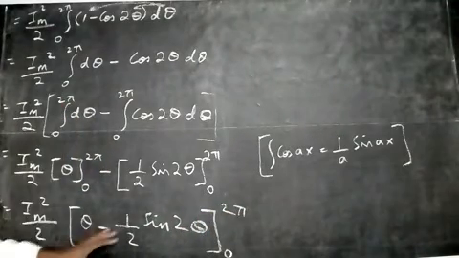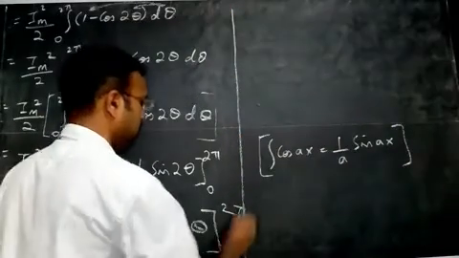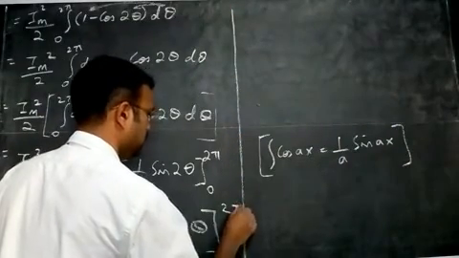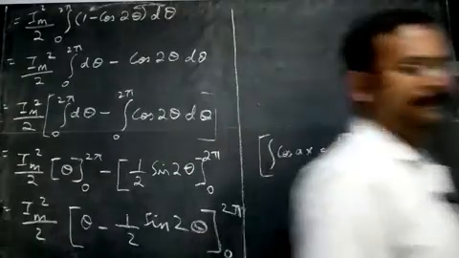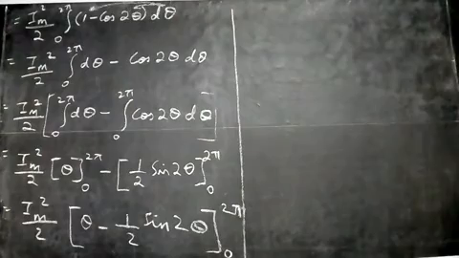Now we can substitute the limits. Let me draw a line here. It's 2π on this side. Let's solve this now.